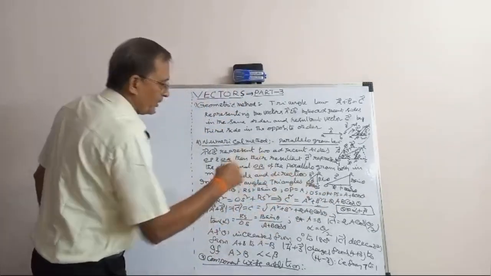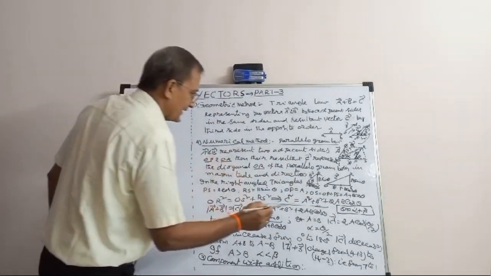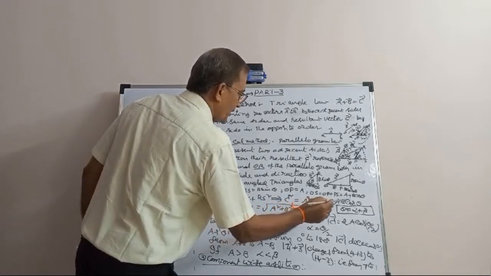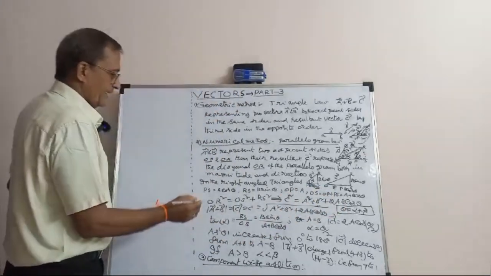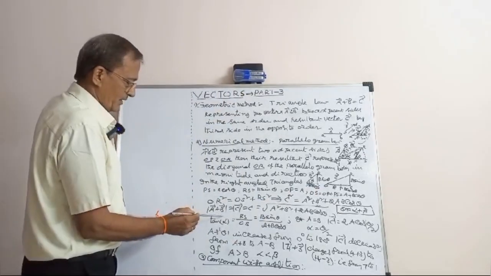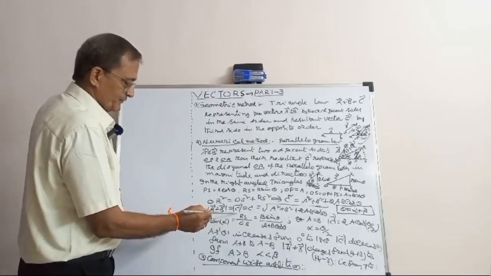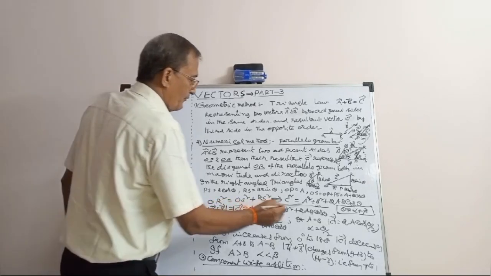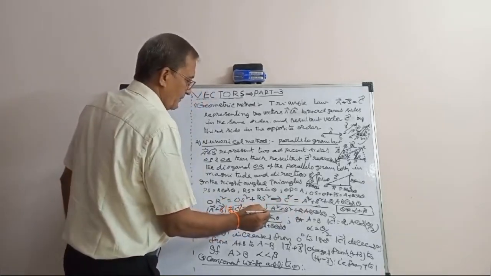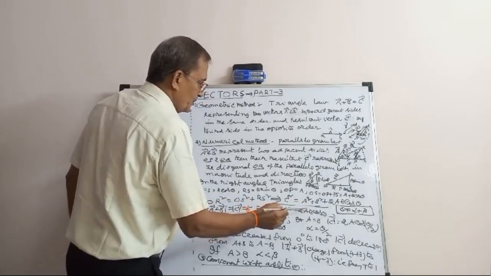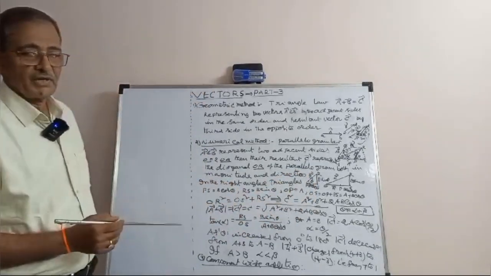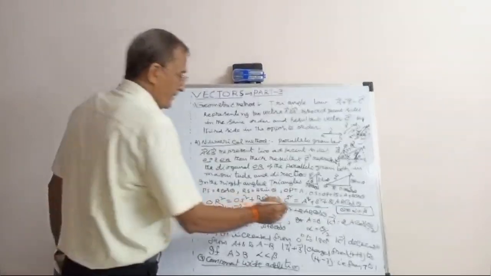By substituting all that, you will get C square is equal to A square plus B square plus 2AB cos theta. And the modulus of A bar plus B bar is equal to the modulus of C bar, which is also equal to C, which is given by root of A square plus B square plus 2AB cos theta, where A and B are the magnitudes of A bar and B bar.